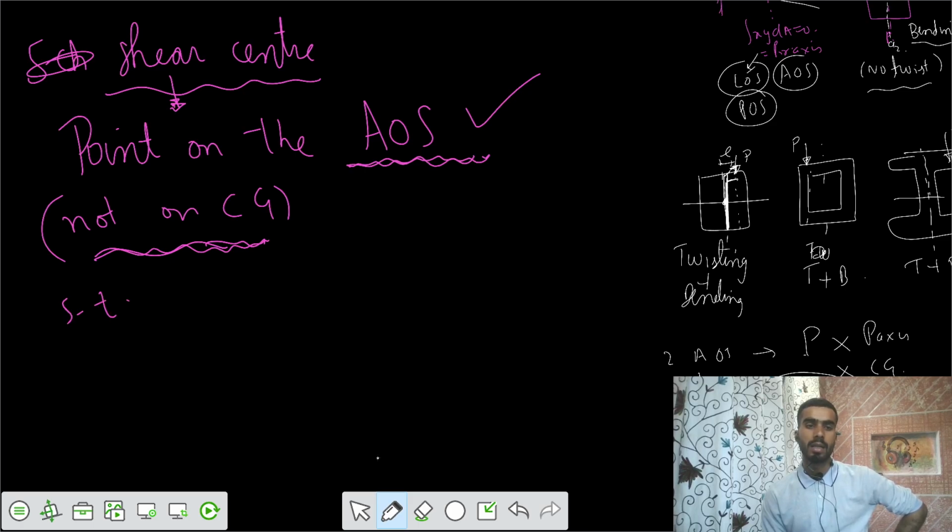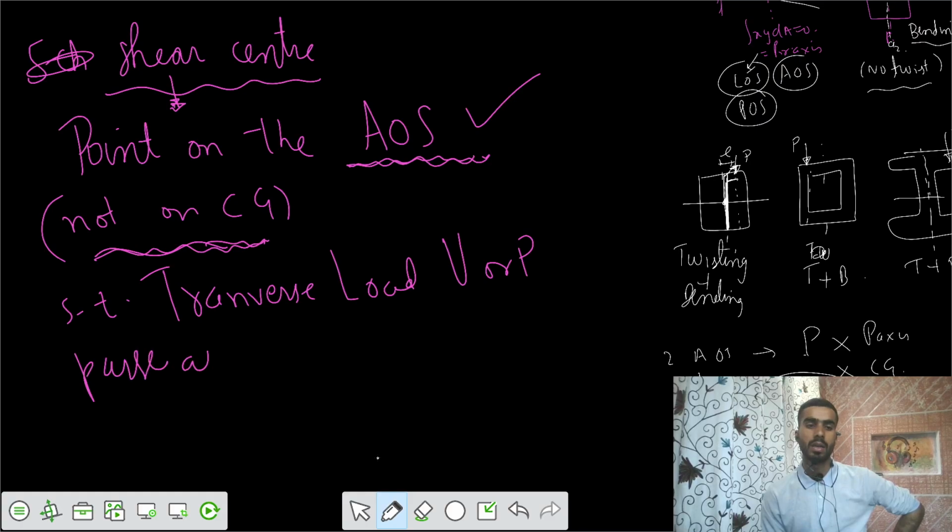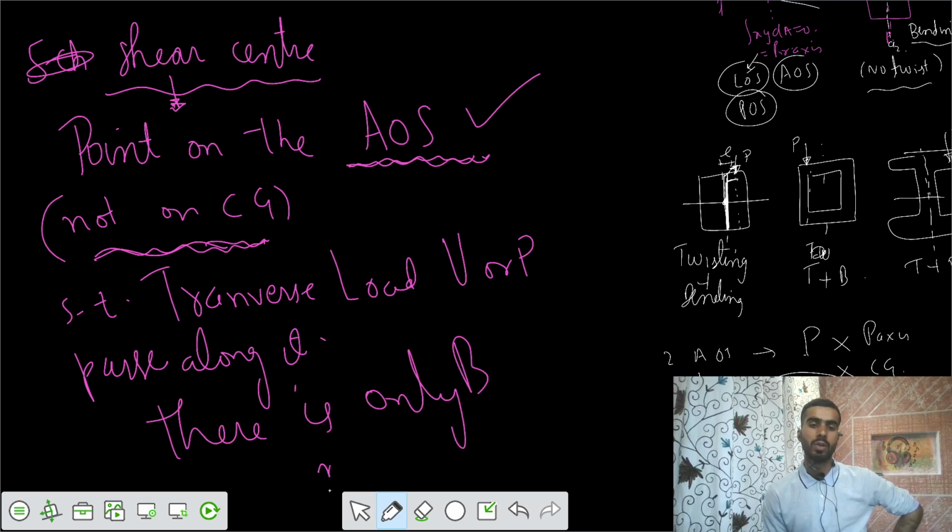if the transverse load, that is the shear force, or we can say the transverse load V or P, passes along it, there is only bending and no twisting.